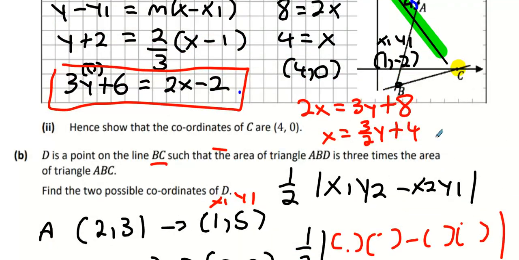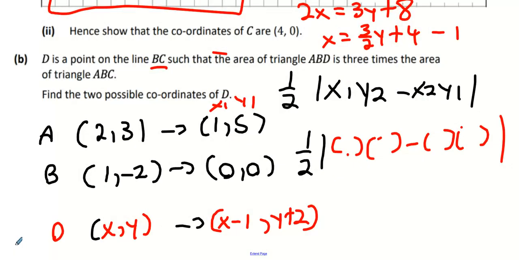So they'd be happy if we just take away a 1 from that. And again, 3 over 2, Y plus 3. So I'm going to change that to 3 over 2, Y plus 3. Now what you notice now, I only have one letter now, don't I? 3 over 2Y plus 3.